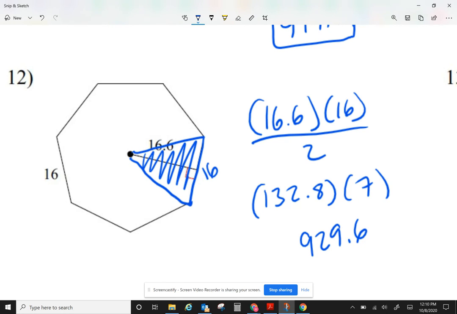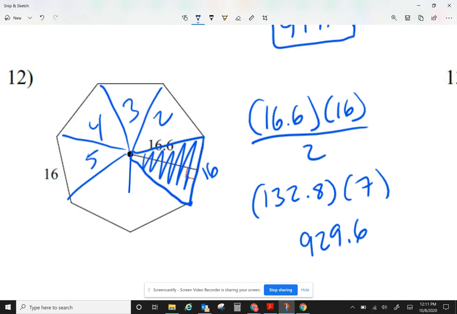Once again, I just got the area of one little triangle, and I multiply it by how many sides there are because that's the same amount of triangles. If you don't believe me, there's 1, there's 2, there's 3, there's 4, there's 5, 6, and 7 triangles.